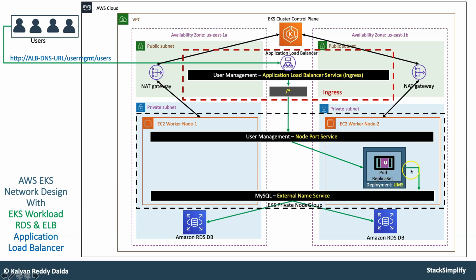It will connect to the MySQL external name service, and from there it goes to the RDS database, takes the list of users, and displays it to the users in the browser. That's the entire architecture we are going to implement. I'll see you in the next lecture. Until then, bye bye. Thank you.